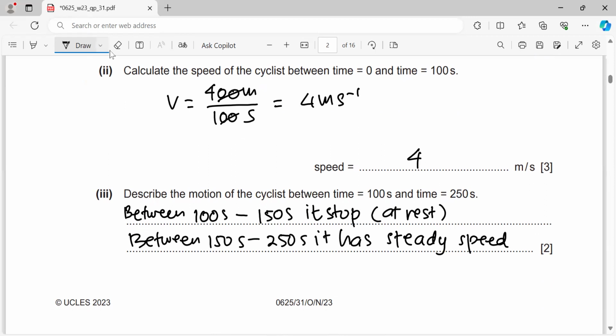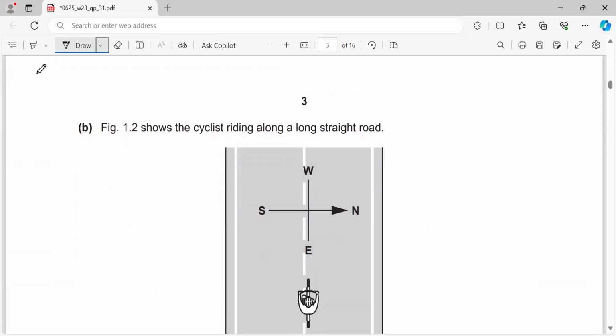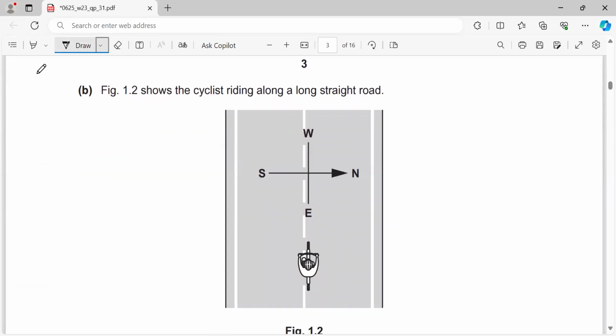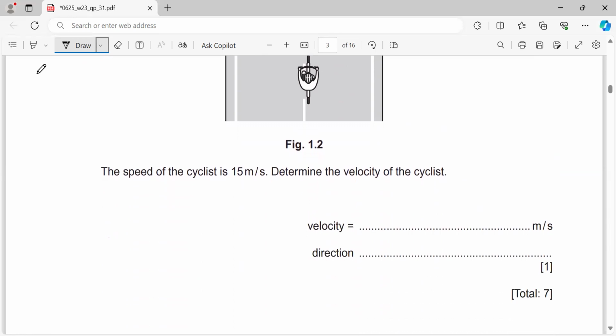Okay, next, B. Figure 1.2 shows the cyclist riding along a long straight road. The speed of the cyclist is 15 meters per second. Determine the velocity of the cyclist. The velocity, of course, 15.